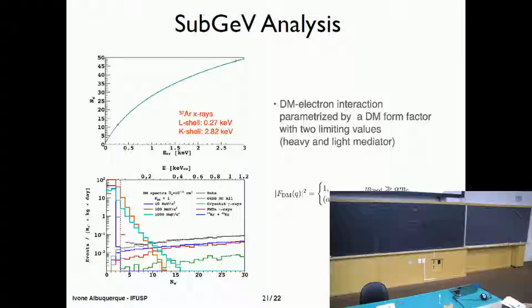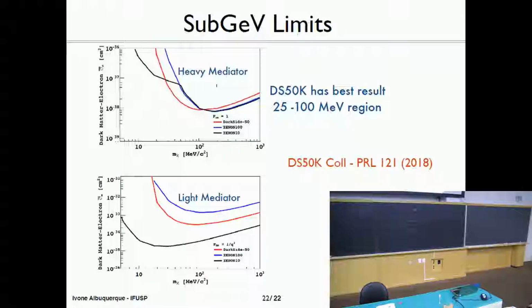So we do the same kind of analysis, but now the cross-section will be different, and we compare it to different models. This model comes from these authors here, and doing this analysis, which is mainly the same one but comparing to different models, these are the results for heavy and light mediator.